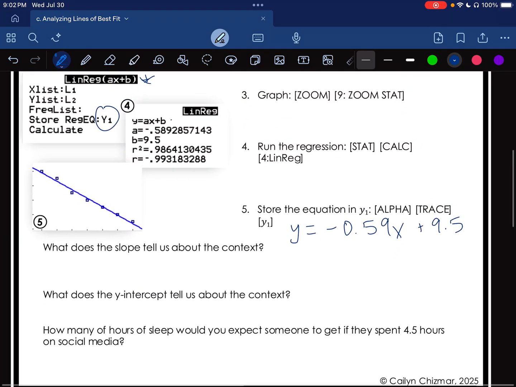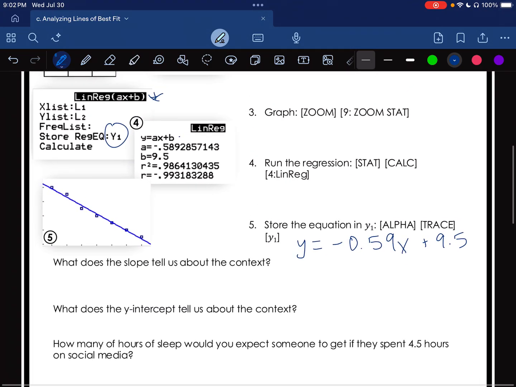So something like negative 0.59, you can think about that as negative 0.59 over 1. I know, ew, it doesn't exactly look how we would normally write a fraction, but it helps us think about it as there's a change of positive 1 in the bottom, with my x's, and a change of negative 0.59 in the top, with my y's.